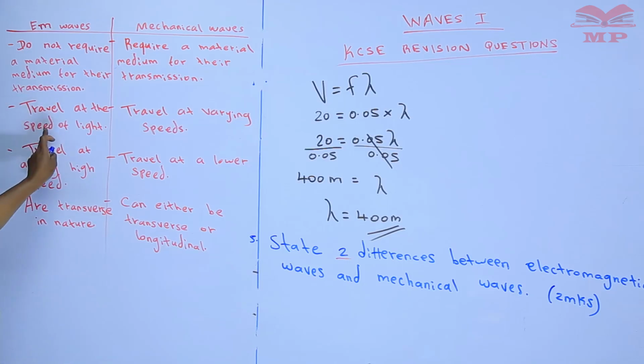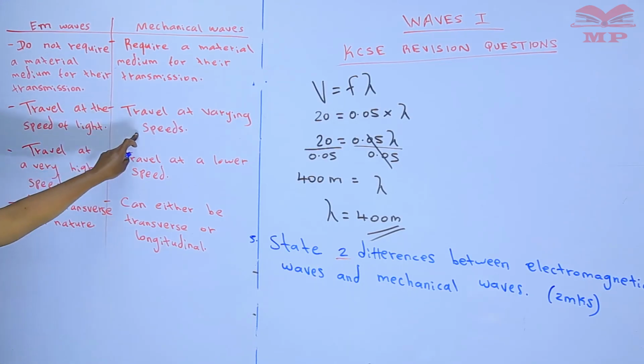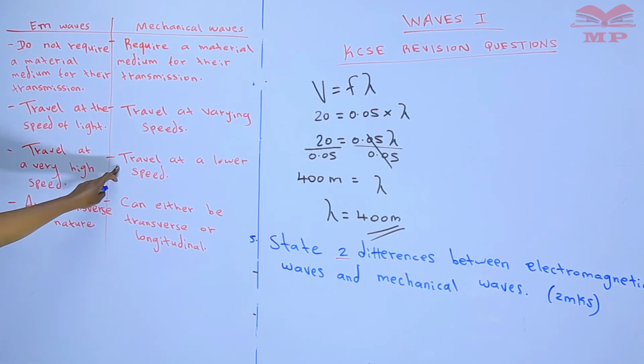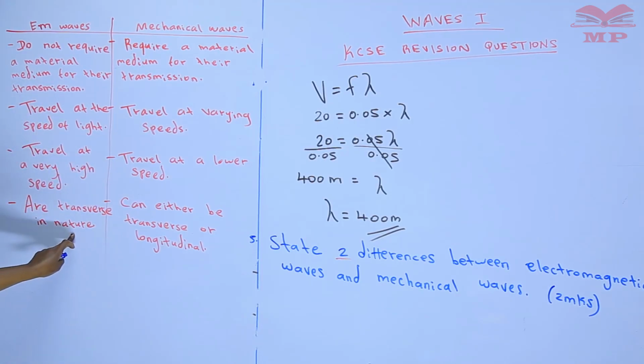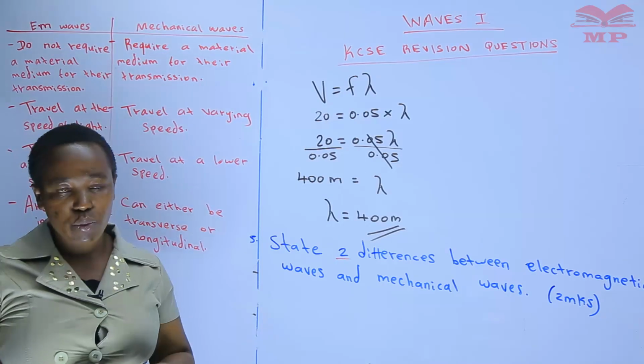Electromagnetic waves travel at the speed of light, while mechanical waves travel at varying speeds. Electromagnetic waves travel at a very high speed, whereas mechanical waves travel at a lower speed. All electromagnetic waves are transverse in nature, whereas the mechanical waves can either be transverse or longitudinal.